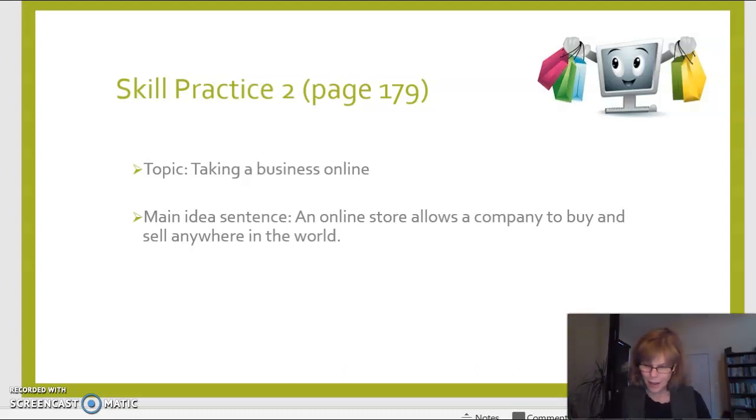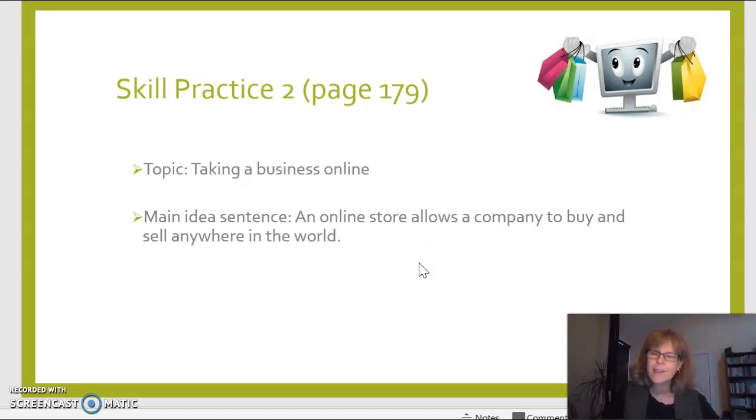I underlined this part of it. It comes in the third sentence. It says, an online store allows a company to buy and sell anywhere in the world. And it's really capturing the advantages of going online.